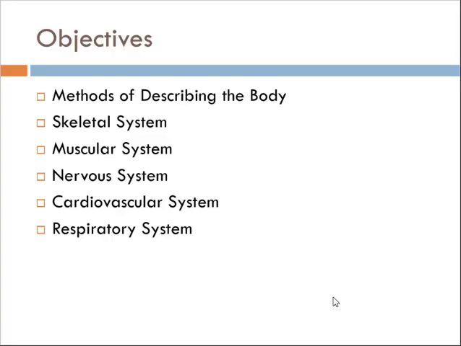So when we look at this particular focus of anatomy and physiology, even if you're just focused on human anatomy, when we look at human anatomy with human movement, particularly with kinesiology, you're going to look at just some of the main systems.